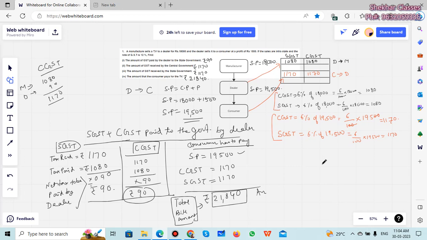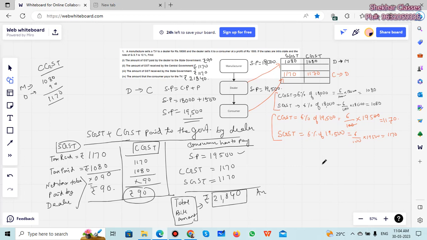So whatever tax the dealer has received from the consumer, he will not pay the entire thing. He will subtract whatever he had already paid to the manufacturer as tax. So he will subtract that amount, and the remaining amount will be paid to the government as tax from his own account. Who? The dealer.